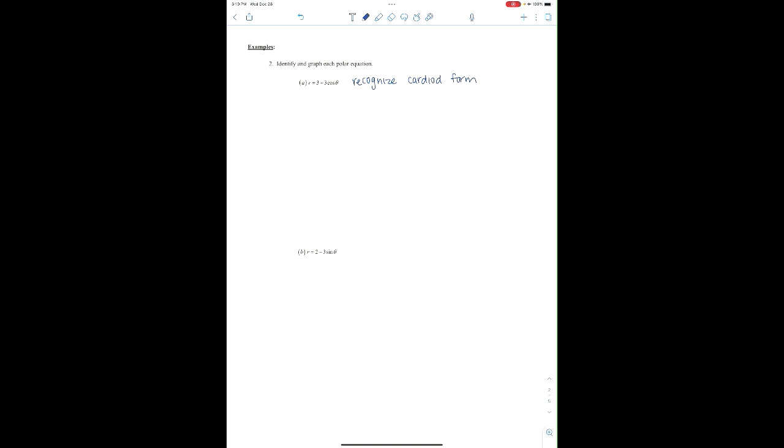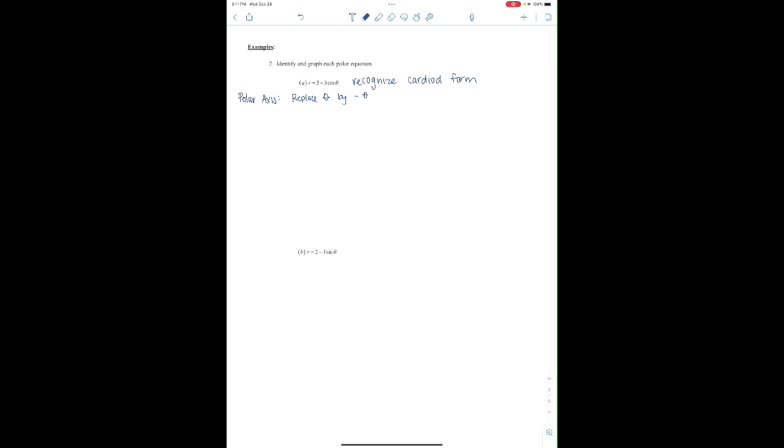So the first thing we're going to do is find out how is it symmetrical, if it's symmetric at all. The first one we're going to look for is the polar axes. So, is this symmetric about the axes? So what we do is we replace theta with -theta.